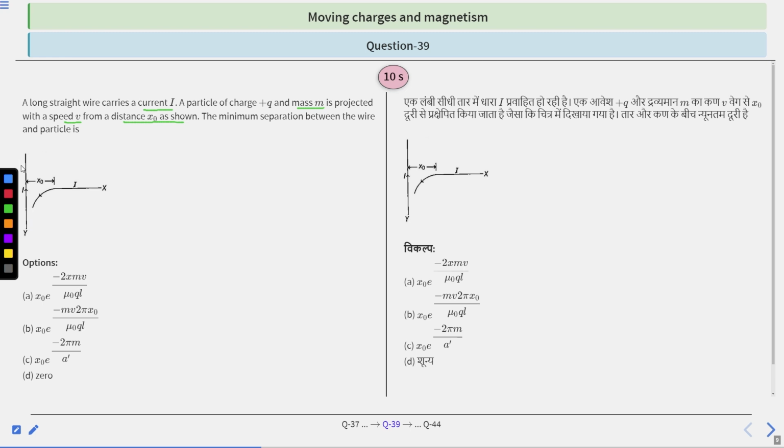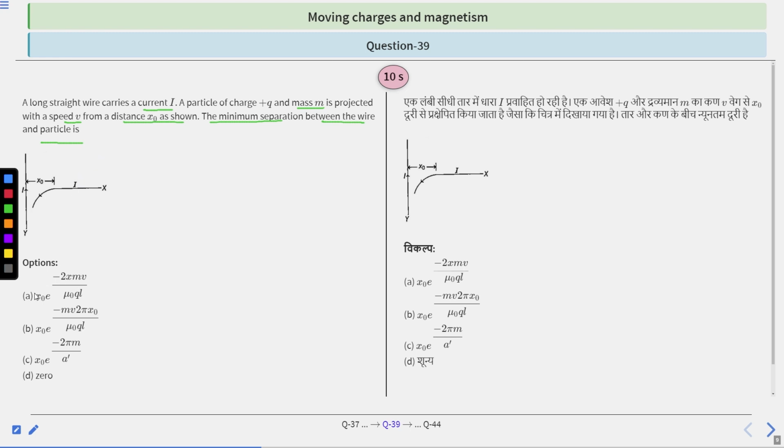Here this is a long straight wire carrying current I, and a particle of charge Q and mass M is projected with a speed V from distance x naught. This is the distance here. Clear? The minimum separation between the wire and the particle is what? So the question asks about the minimum separation between the wire and the particle.